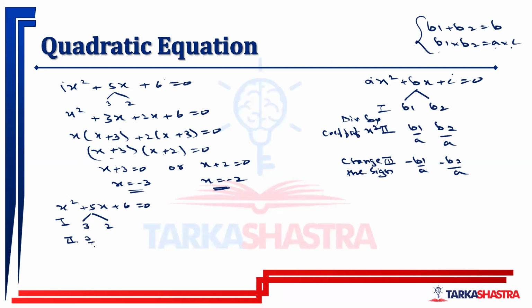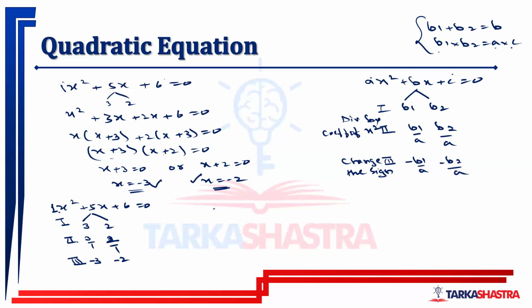Then second step, 3 by 1, 2 by 1, because the coefficient of x square is 1. Third step is change the sign, minus 3, minus 2. These were the roots which we had already got. So the same we are getting again.